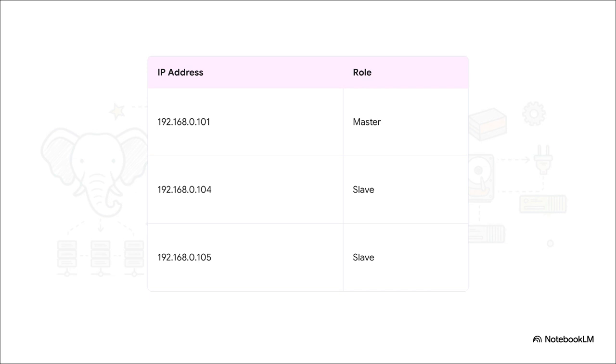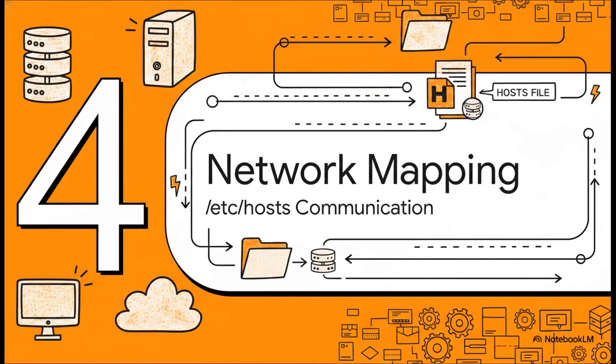Meanwhile, the other 2 machines, ending in 104 and 105, are our slave nodes, or data nodes. They're the workers doing the heavy lifting, actually storing blocks and executing tasks. By the way, if you're prepping for a big data interview anytime soon, absolutely commit these IP-to-role connections to memory. It's a lifesaver.